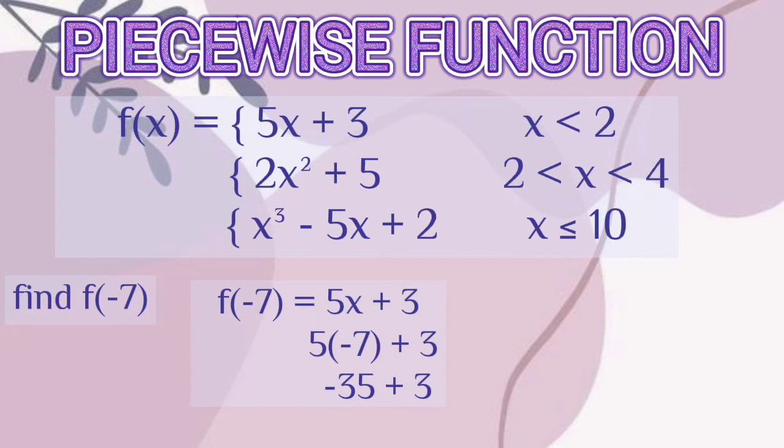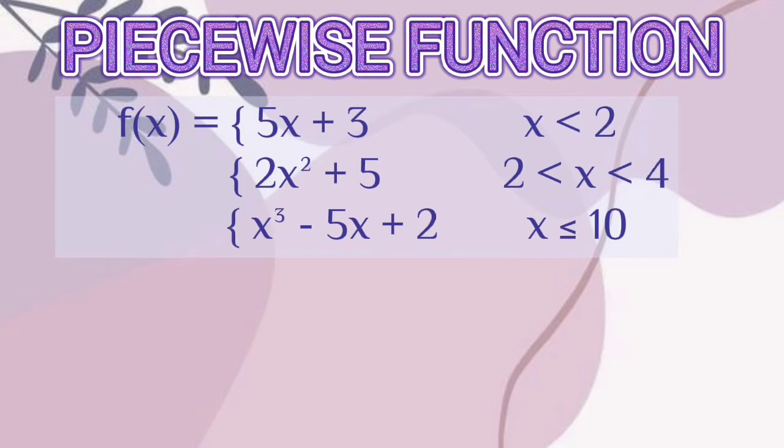So we will have 5 times -7 plus 3. If we evaluate -7 times 5, we will have -35. -35 plus 3 is equal to -32. And there we have our answer: f(-7) is -32.